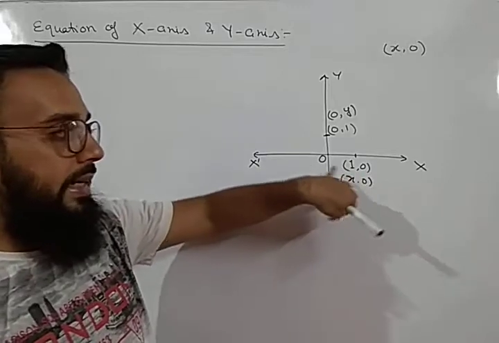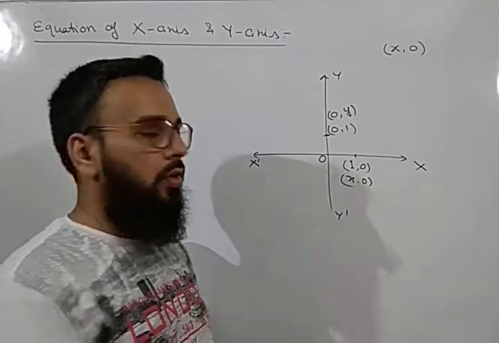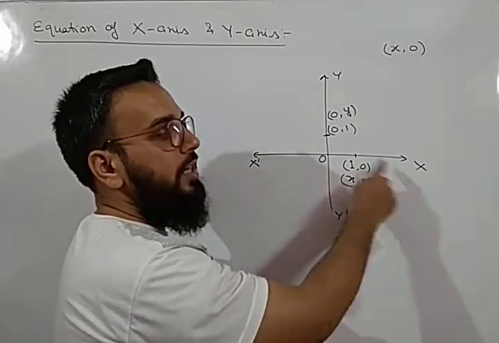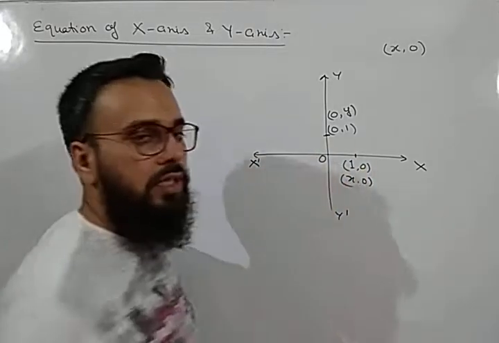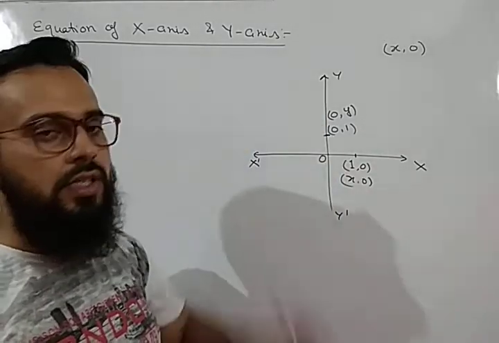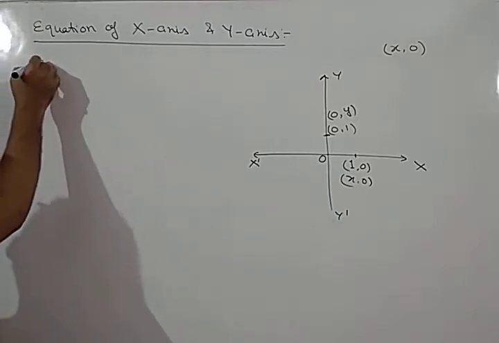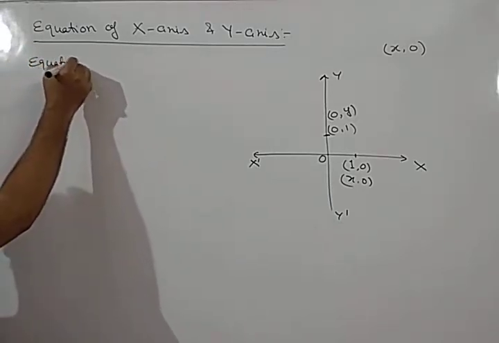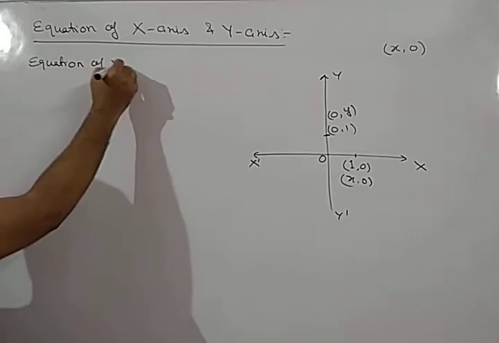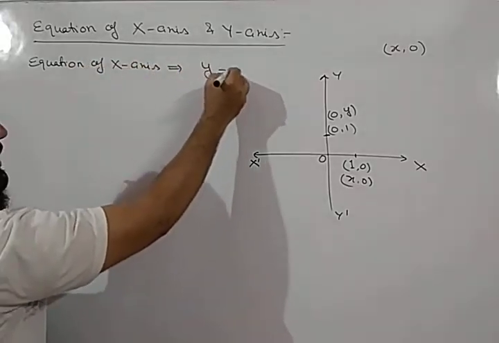So the y coordinate of every point on x-axis is always 0, and the x coordinate of every point on y-axis is always 0. So what will be the equation of x-axis? It is given by y equal to 0.